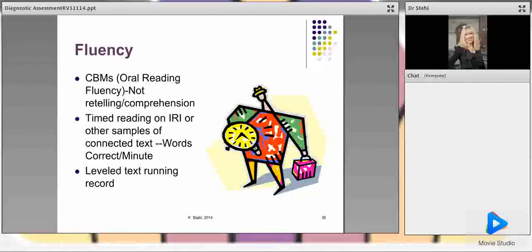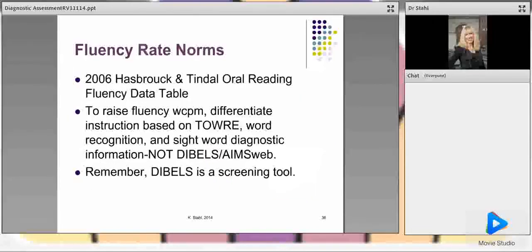What we have found in our reading clinic here at NYU is that typically when children are having problems in fluency, even on that ORF at grade level, even when we have them reading at an instructional level in accuracy, their reading rate is lower than it needs to be based on the Hasbrook and Tindall norms or some other set of oral reading fluency norms. And so that does need attention, and you need to find out exactly where they are in relationship to that.